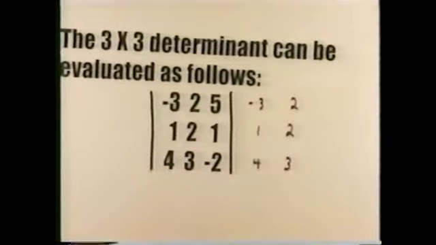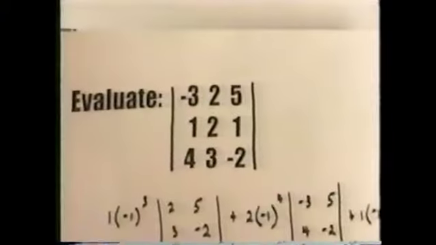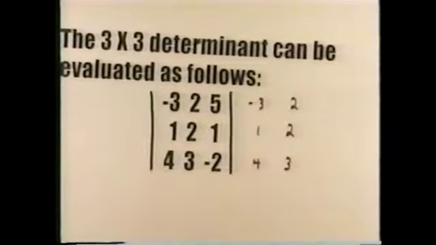I recopied the first two columns. Again, this procedure only works with a 3 by 3. I'm doing the same determinant that we did last time. I'm just showing you a different process, and I hope we get 8 as the answer.